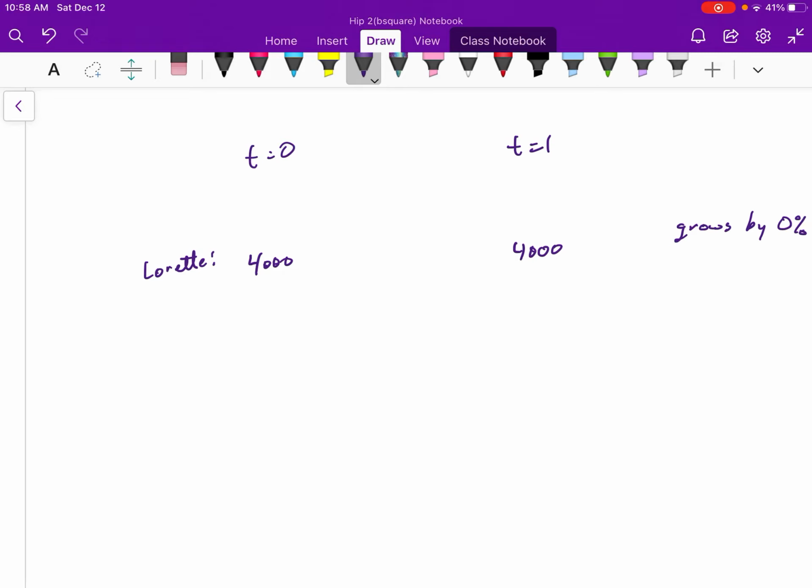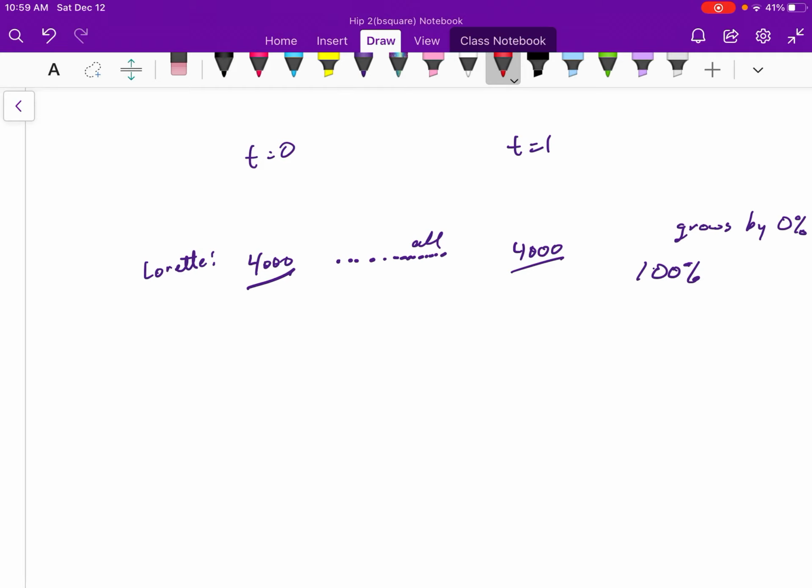But maybe another question I could ask is, what percentage is my population in year 1 of year 0? Well, although our population remains unchanged, the whole population stays. So we would say it is 100% of its previous amount.